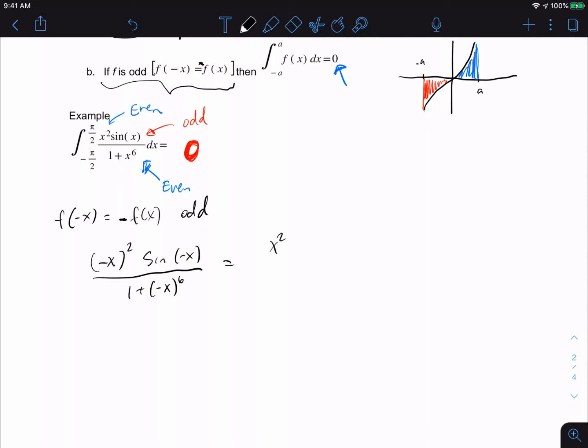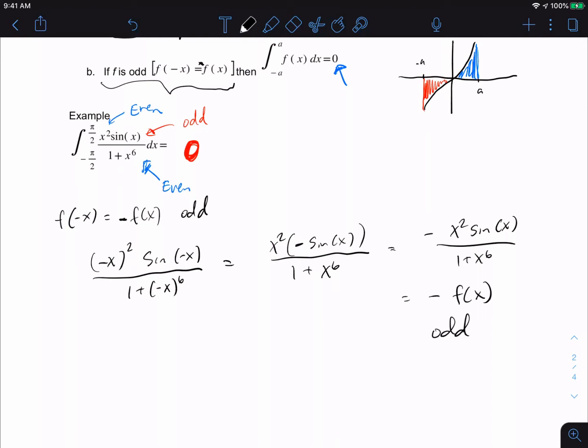Well, doesn't that become x squared times minus sine of x over 1 plus x to the 6th, which is negative x squared sine of x over 1 plus x to the 6th, and that is negative f of x, which makes it odd. And since it's odd, we know that the integral of a symmetric function is 0. Okay, cool.